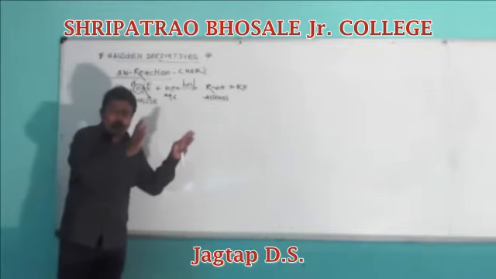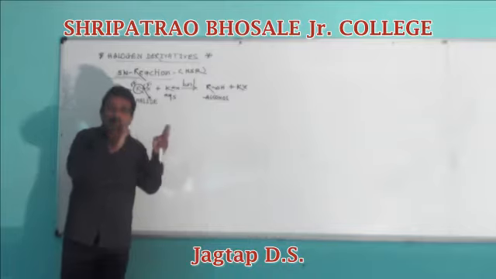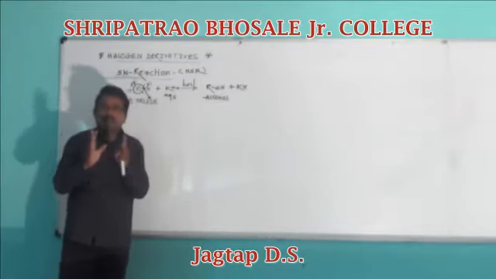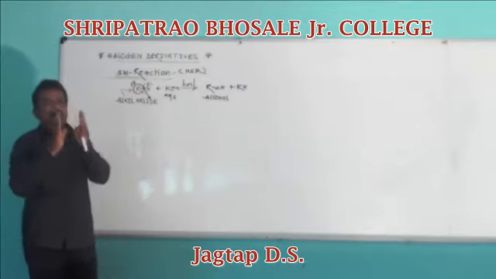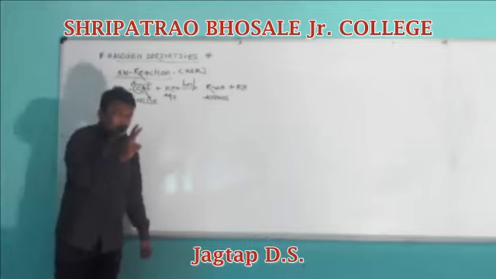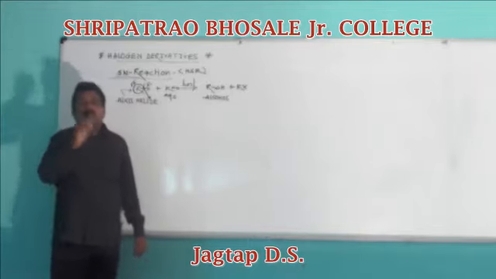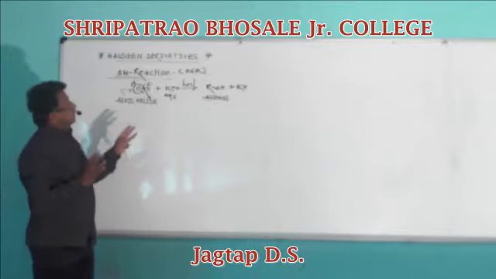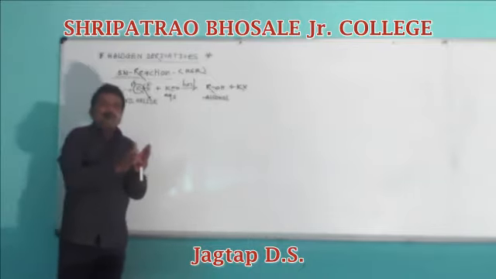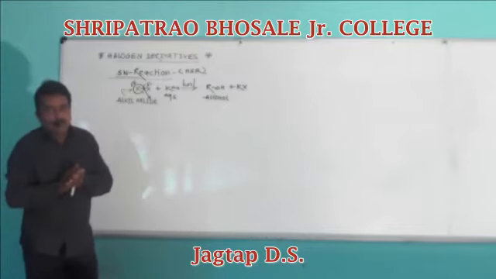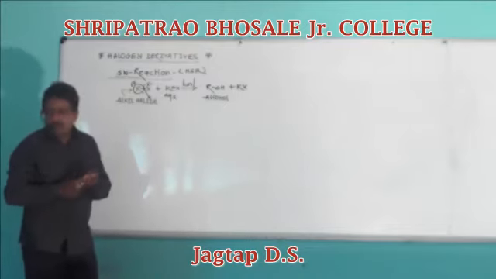Unimolecular means only one reactant species takes part in the formation of the transition state. Such reactions are known as substitution nucleophilic unimolecular reactions. In SN2, two reactant species take part in the formation of the transition state. Such reactions are called substitution nucleophilic bimolecular reactions.